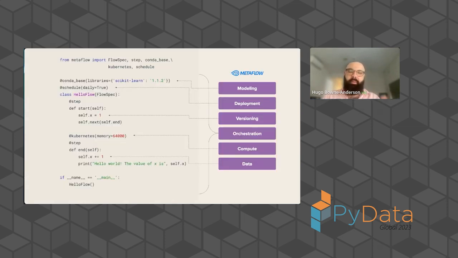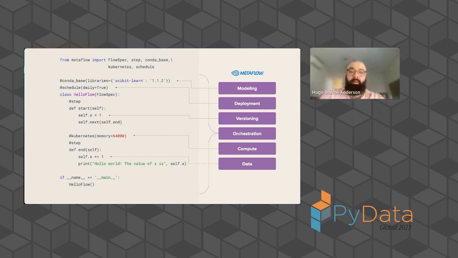So in a second, we're going to jump into generative AI, but I wanted to talk about Metaflow, which is an open source framework that I work on with my colleagues at Outerbounds and Netflix. This is a framework that my colleagues built in 2017 when they ran machine learning infrastructure at Netflix, then open sourced in 2019.